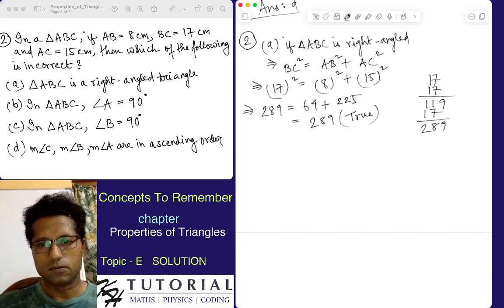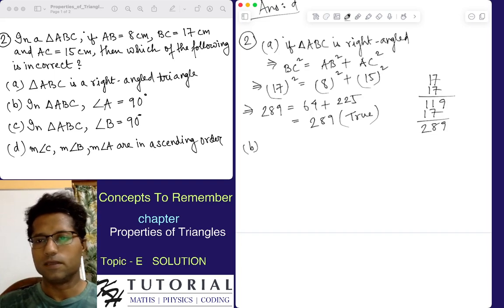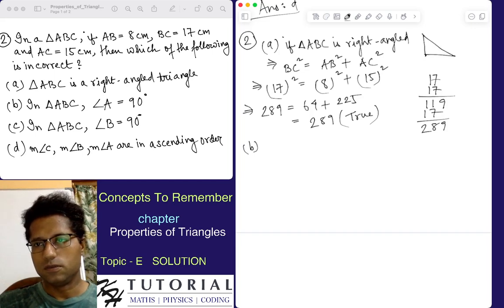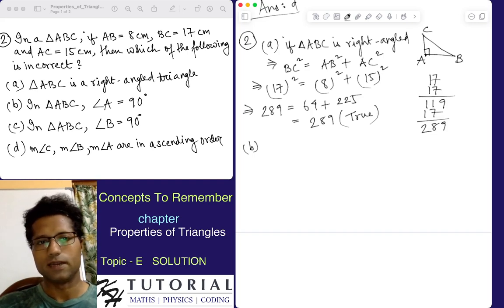Okay. Now let's see B. Now we already know that in this triangle BC is the hypotenuse. So the triangle must look like this, and the triangle will be right angled at A. Since BC is the longest side, it must be the hypotenuse, because in a right angle triangle the hypotenuse is the longest side.